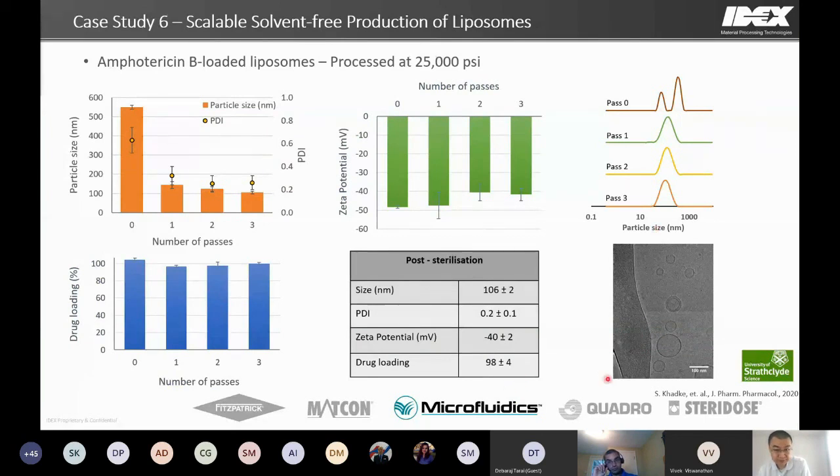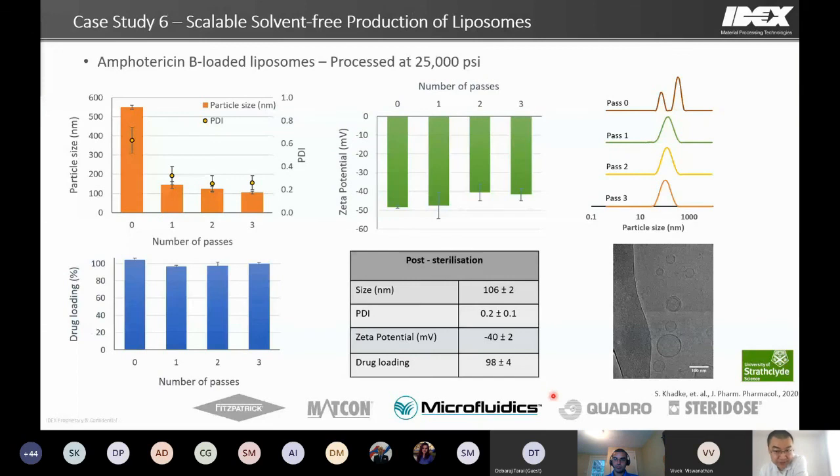And the morphology of the liposomes can be seen from these cryo-TEM images, which confirm the particle size characterization. So in summary, examples of these two classic liposomal formulations proved that the microfluidizer technology is very well capable of producing a variety of liposome formulations with well-controlled particle size as well as drug encapsulation.